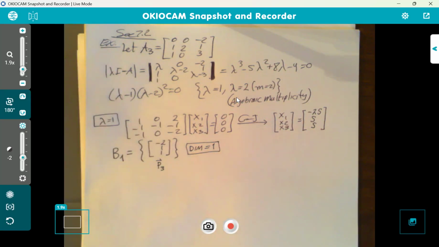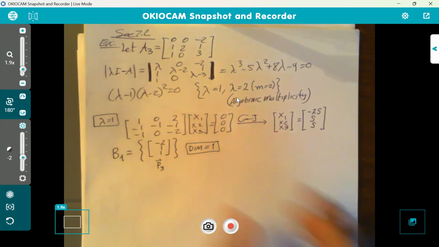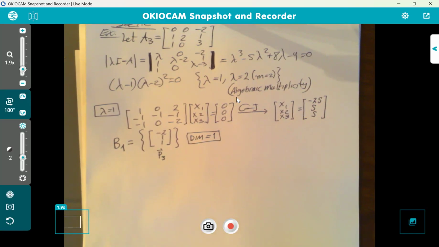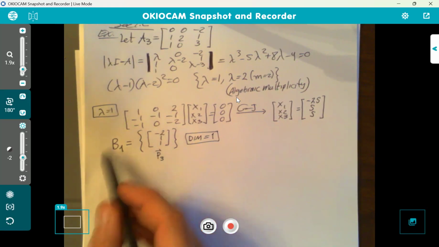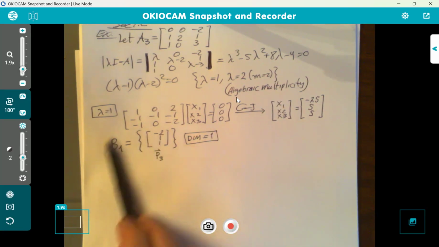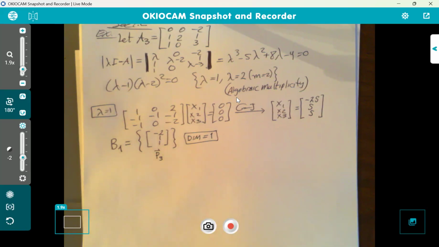I'll explain that, you'll see in a few minutes. I'm doing the procedure for finding the diagonalized matrix here. Okay, so there you go. This is going to be an eigenvector corresponding to the eigenvalue.